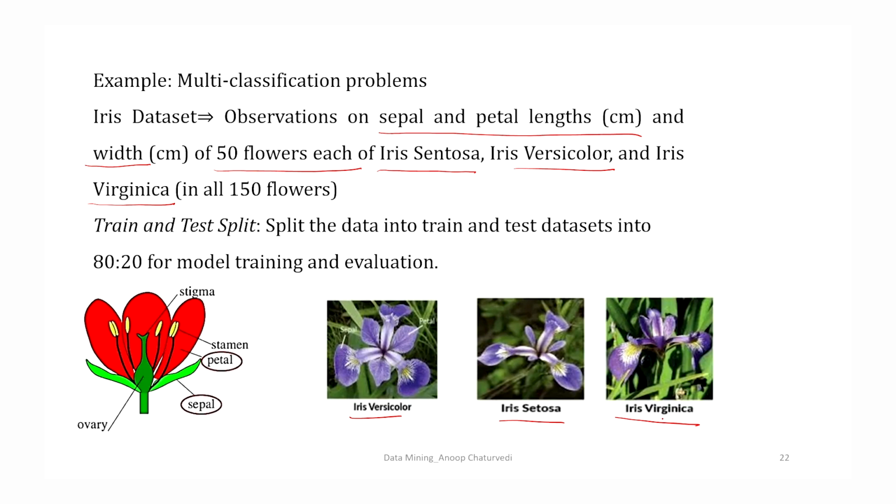First, we split the data into train and test sets. In the training set we take 80% of observations, and in the test set we take 20% of observations. Or you can say that in the training set we have 120 observations and in the test set we have 30 observations.